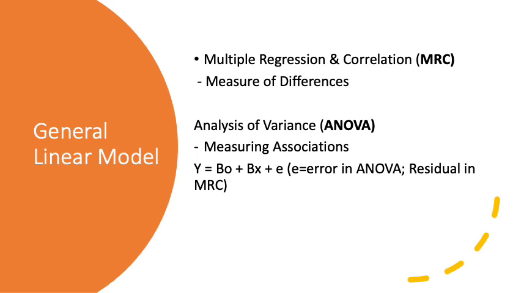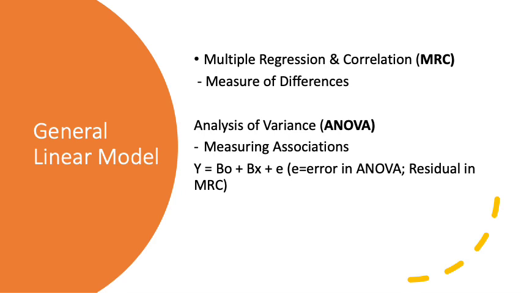Both multiple regression and analysis of variance, or ANOVA, use the general linear model equation. In this equation, y is the phenomenon of interest, or our dependent variable, and it is equal to b naught, which is the intercept, or the y value of all independent variables, plus bx, which in multiple regression is all the covariates in the model, and in ANOVA it is all the nominal factors, that is the class level variables.